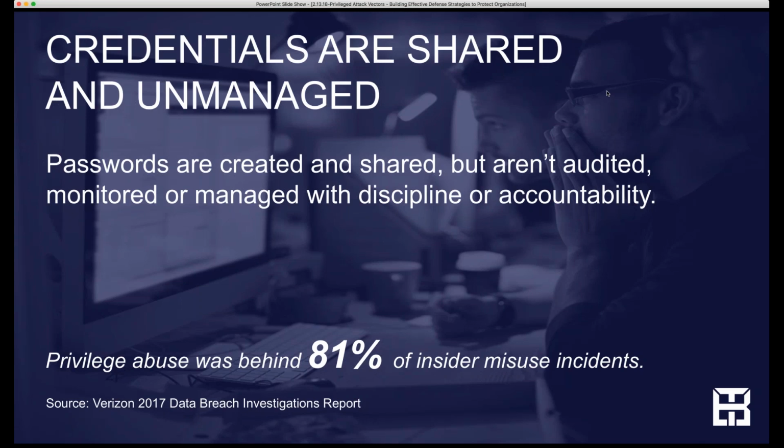It doesn't matter. As soon as those credentials, username and password combination, are used on more than one device or shared between employees, you allow lateral movement. Think about that. As soon as the credentials appear anyplace else, lateral movement can occur.